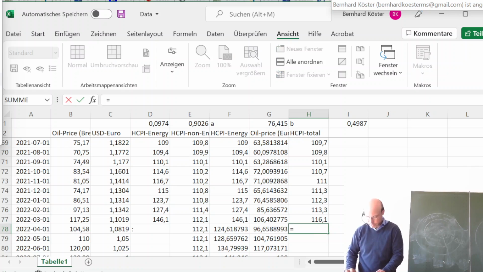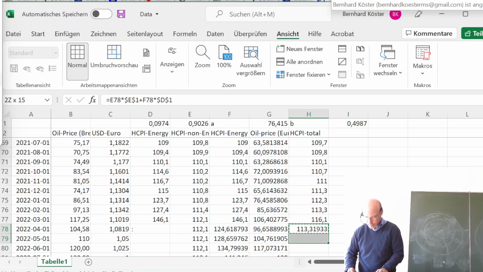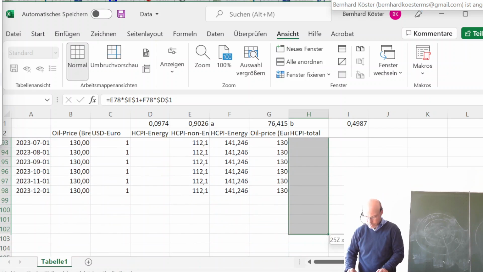So we obtain non-energy times weight plus, this is the wrong way, this is non-energy, so we need E and plus energy times D. And then we move this down here.